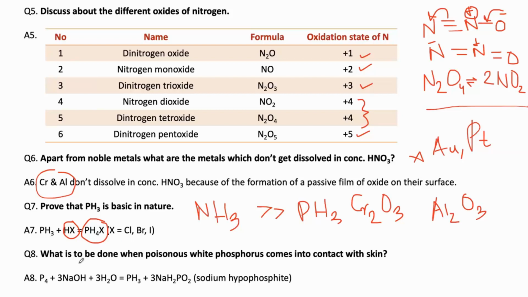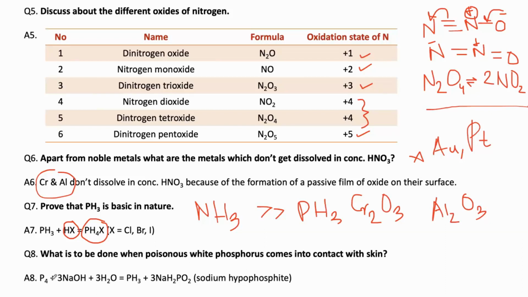The next question is, what is to be done when poisonous white phosphorus comes into contact with skin? White phosphorus is highly poisonous in nature. Whenever it comes into contact with human skin, it actually rots the skin.